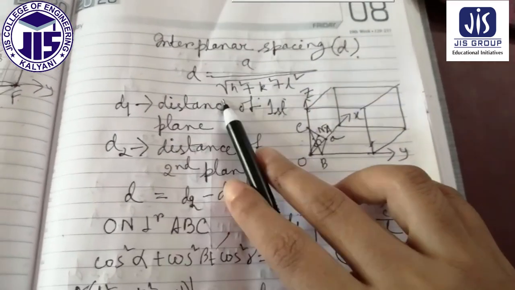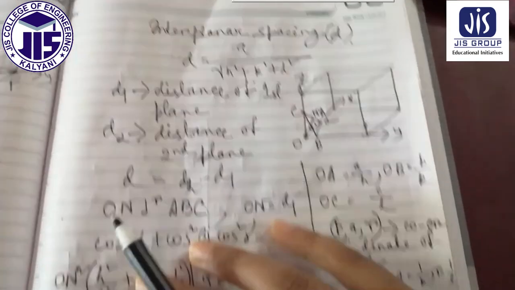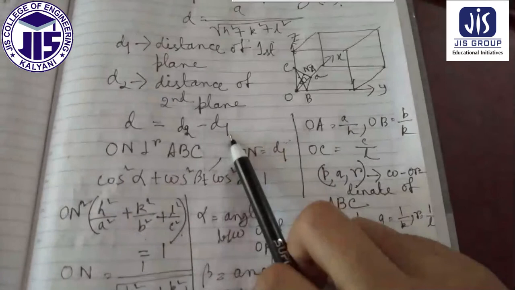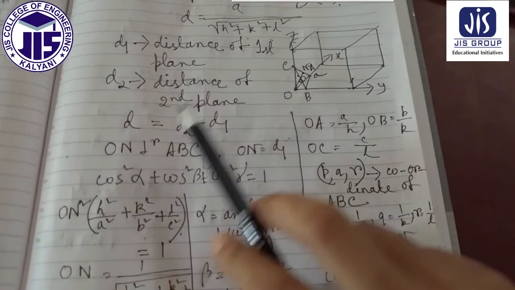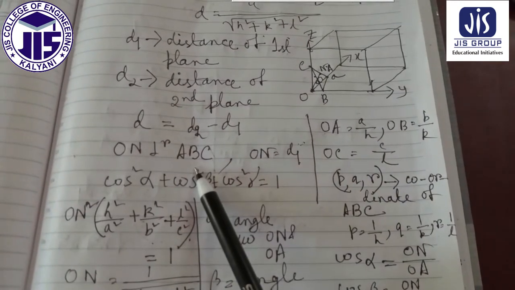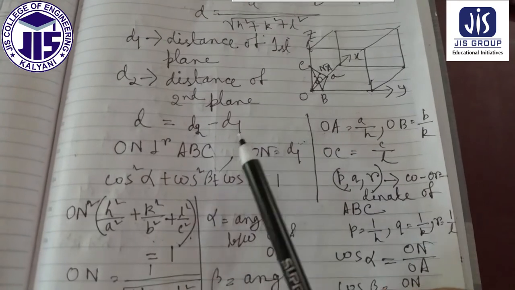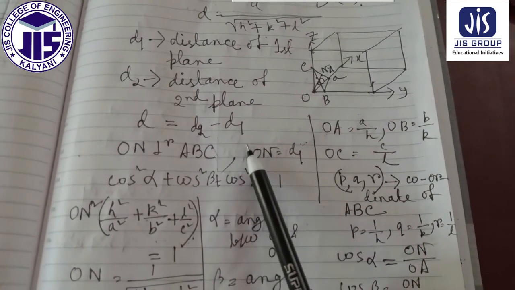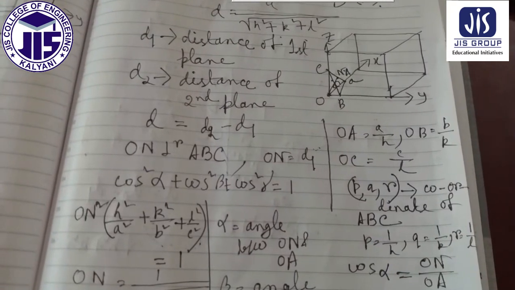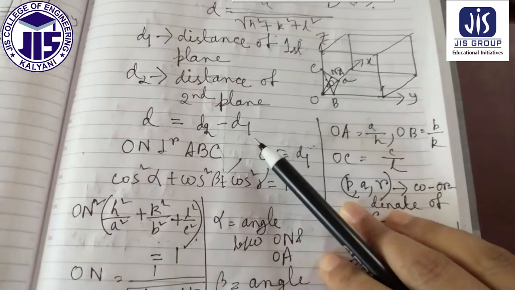In the next class we will do some numericals. Here first we considered d1 as the distance of the first plane, then d2 is the distance of the second plane. Therefore the interplanar spacing, that means the space between two planes, will be d2 minus d1. So here ON is perpendicular to OBC and ON equal to d1 we considered.